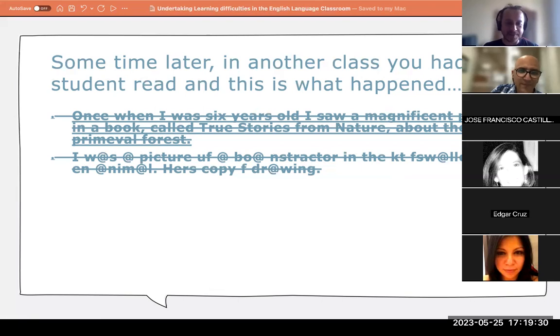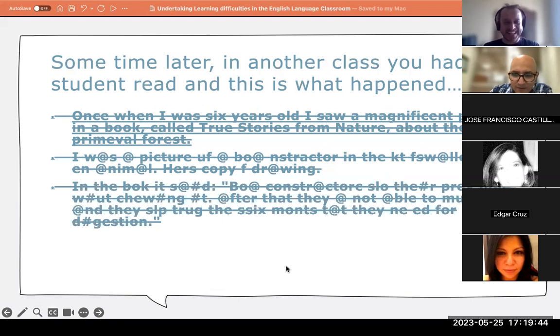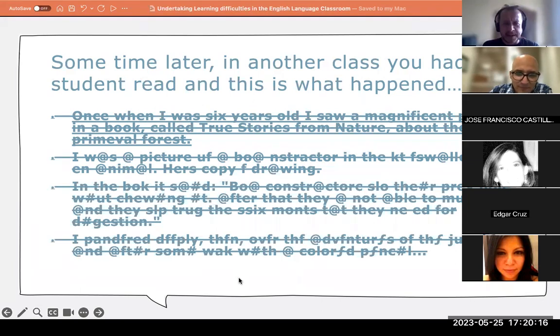Here is a copy of the drawing. In the book, it said, boa constrictors swallow their prey whole, without chewing it. I pondered deeply.